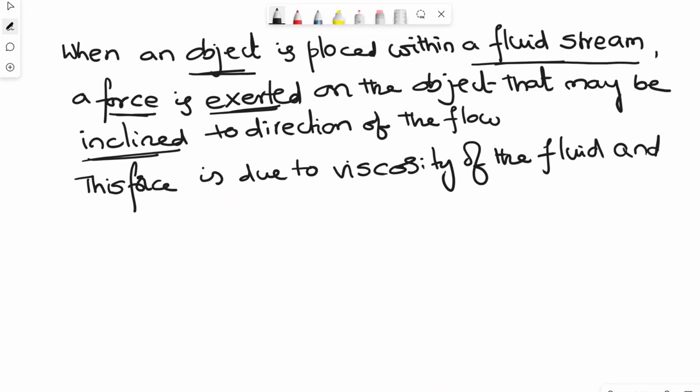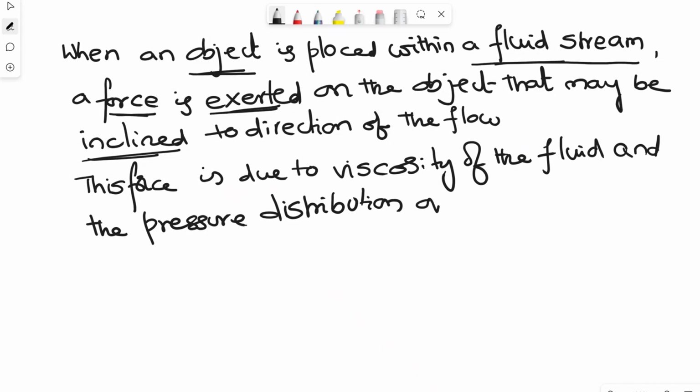One is the viscosity of the fluid, and the second is the pressure distribution over the body surface. These are the two reasons why that force comes into the picture when an object is submerged and the fluid is flowing.